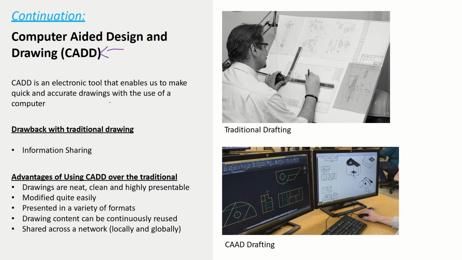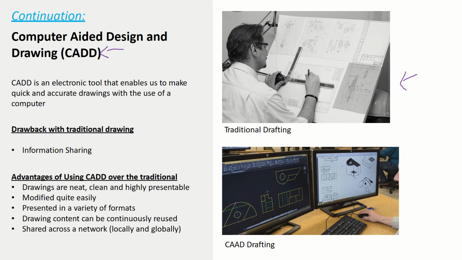There are different types, right? But before I get into it, what you've been doing in class when we're doing all these drawings, which is what this guy is doing, was traditional drafting, which is still done, but it has its drawbacks. So when you get your rulers and squares and pencils, etc., and try and draft by hand, this is what we call traditional drafting.